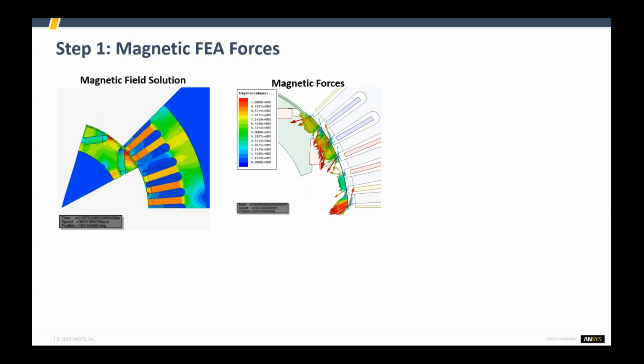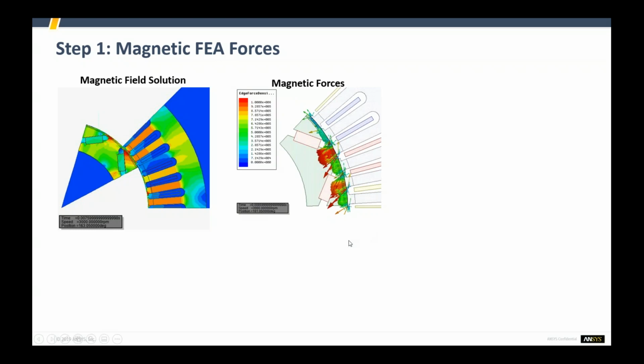All of these can be calculated along with magnetic performance and efficiency from the FEA simulation. Usually, this is calculated in the time domain for electric machines and is converted into frequency domain representation. The output are forces: radial, tangential, axial. These forces are applied as inputs to the next step for the structural simulation.